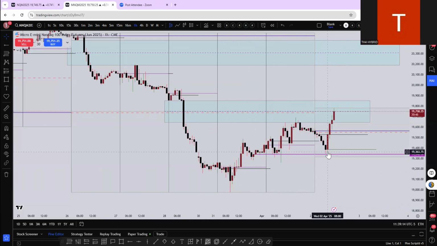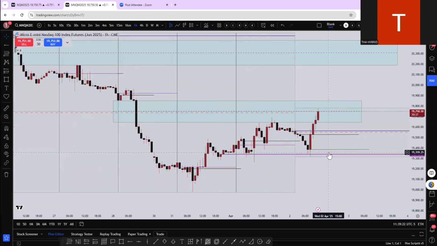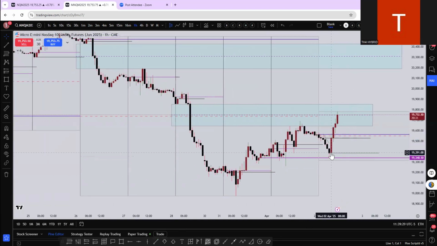As long as we are respecting it the same way that we have been, just like we read our key levels, we're wicking without closing, which means we're not bearish. We left key liquidity here. So now this is following in line with we need to get into a premium end of the zone and fill some of these imbalances.